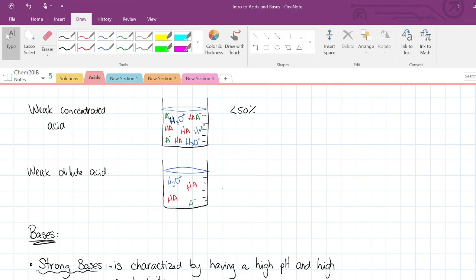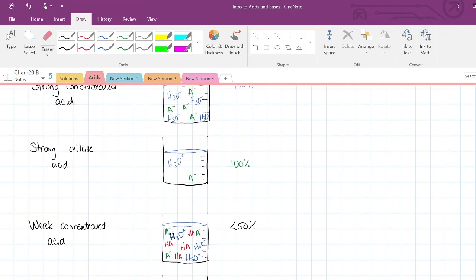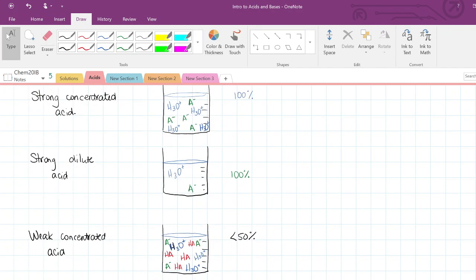There's a lot of stuff happening in this beaker, so this is a concentrated acid, okay, even though it's weak. And in this case here, we have a dilute weak acid. So I know it's weak because here's my HA molecule, and then I have a hydronium and I have an anion. So this would be a weak dilute acid. Okay, and I'm going to refer back to these diagrams, keep them in the back of your head, when we talk about pH as well.